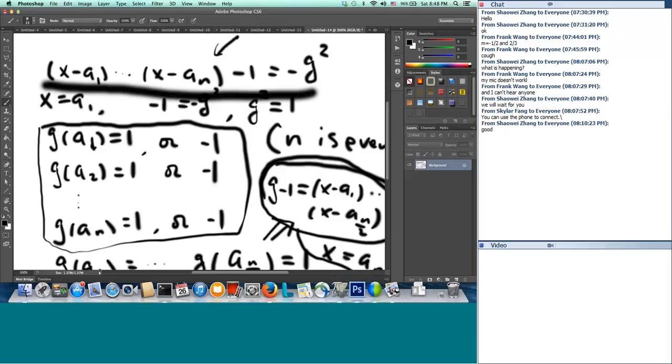This one is negative. So it cannot hold. Actually x doesn't really need to be big enough. x equal n plus 1, and everything adds together is already enough. A_1 plus A_2 plus n is already enough.